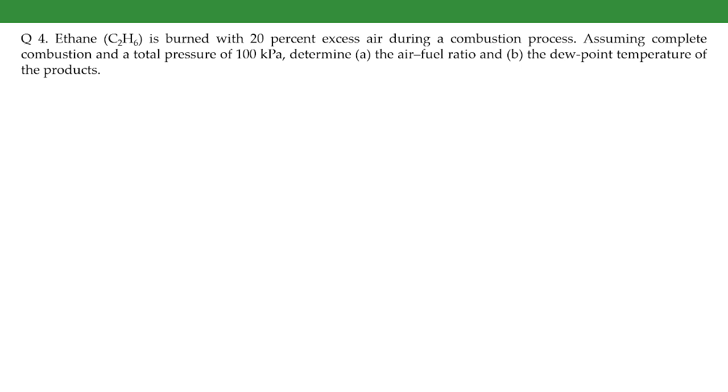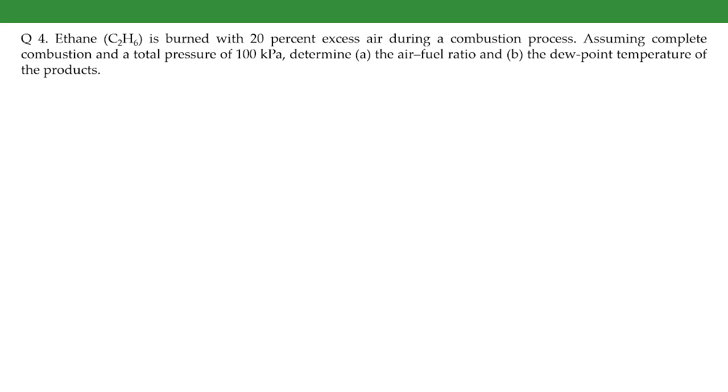Ethane is burnt with 20% excess air during a combustion process. Assuming complete combustion and a total pressure of 100 kPa, determine the air-fuel ratio and the dew point temperature of the product. So ethane is burnt with 20% excess air, and there is complete combustion, that is, there is no carbon monoxide present in the product, and there is an excess of air, so there will be oxygen present in the product, and a total pressure of 100 kPa.